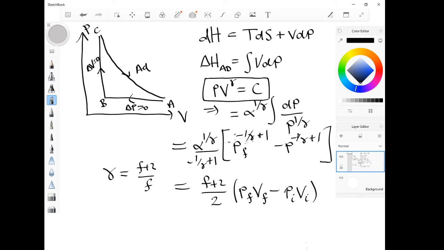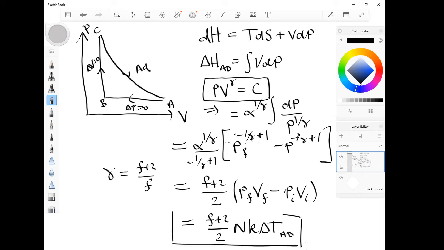And so you just substitute those in and substitute V in. And that is also equal to (f plus 2) on 2 Nk delta T for the adiabatic. Alright, so we'll come back to this equation in a second.